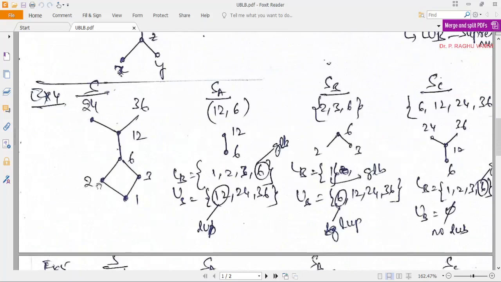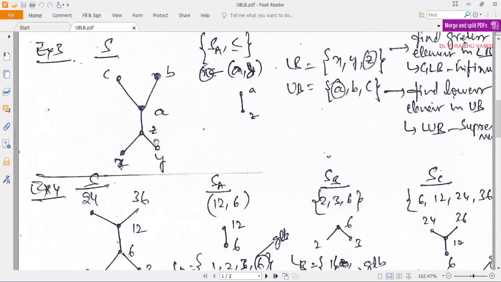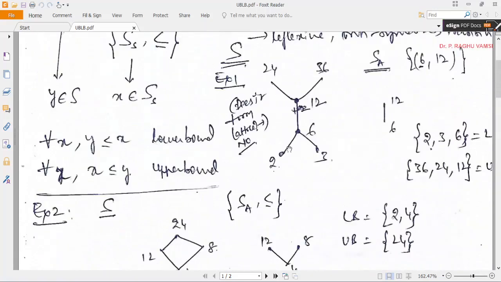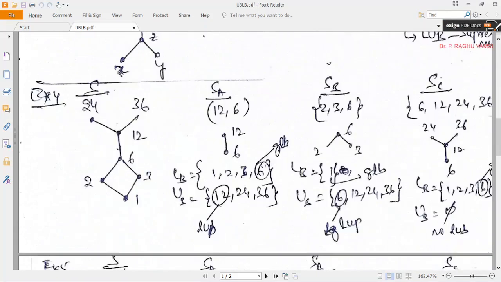So here is the same example as the previous one, the first example, but it was added with 1 here. Now the set is considered as 6 comma 12. Below 6, 2 is there. 6 is connected with 2, 3 and 1.